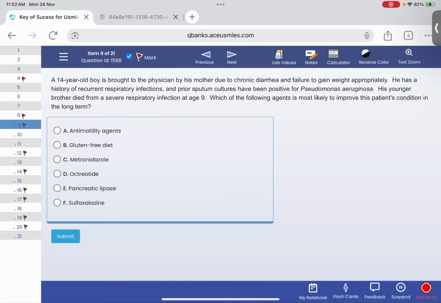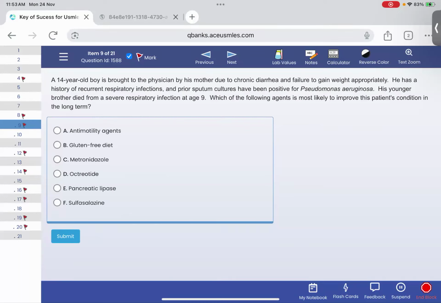What condition is this patient having? Cystic fibrosis, superimposed with Pseudomonas. Yeah, and he has failure to gain weight appropriately, recurrent respiratory infections, and he's also positive for Pseudomonas aeruginosa, right?